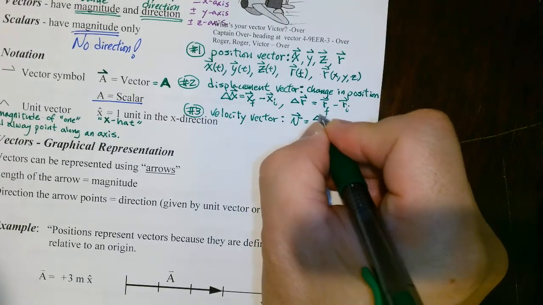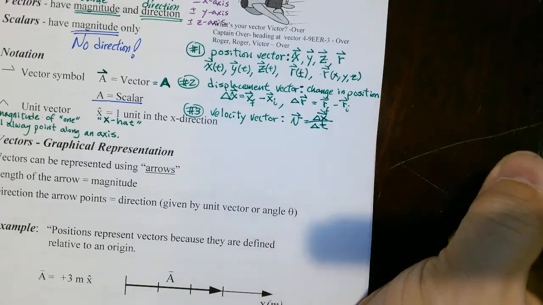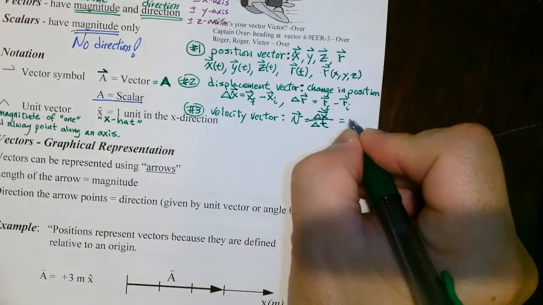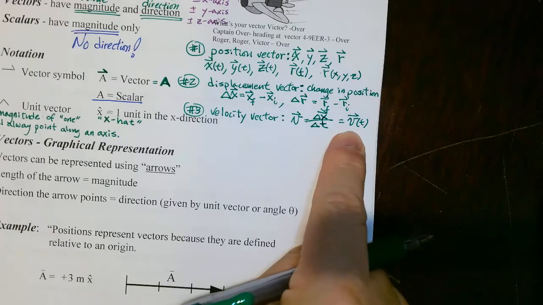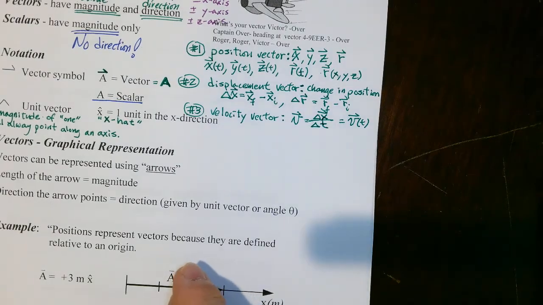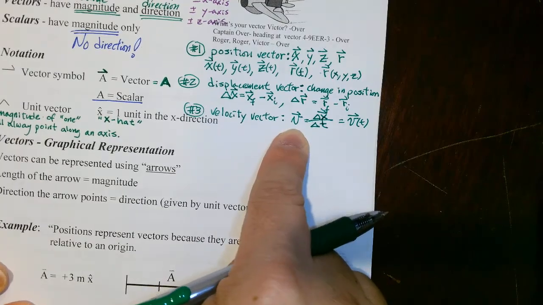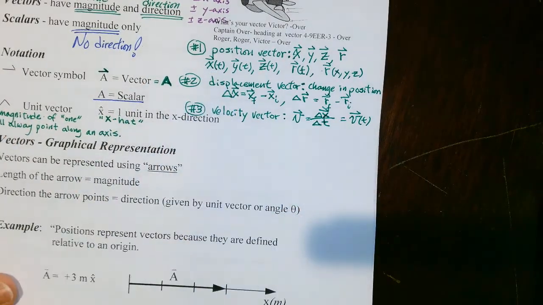Change in x over change in time. Okay? Now the velocity vector can also be a function of time. Okay? For those of you who are taking calculus, your velocity vector is the derivative of a position vector.